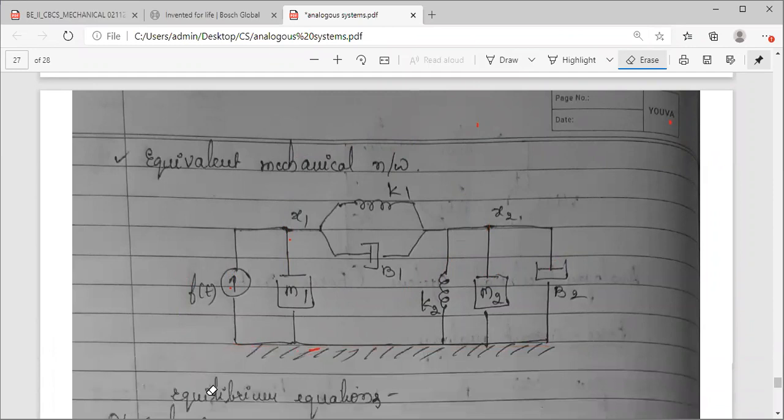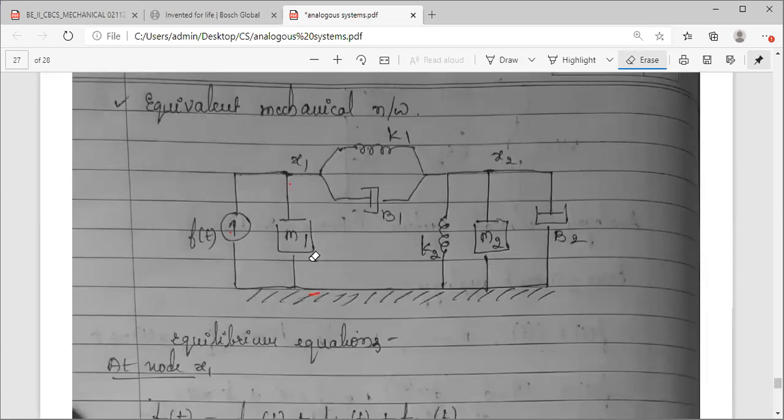Now coming to the equilibrium equations, and from the equations we will go for the force-voltage and force-current analogy. How many equations will we get? As many equations as there are nodes. I have two equations. So first, let me write the equation at the node x1.